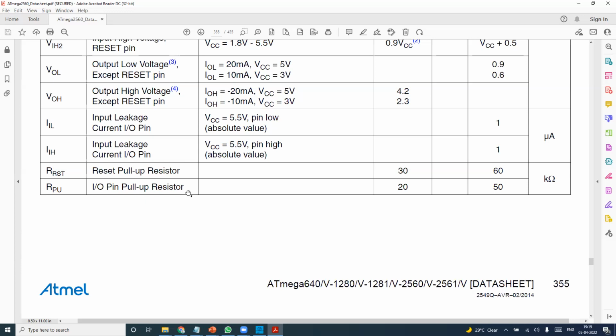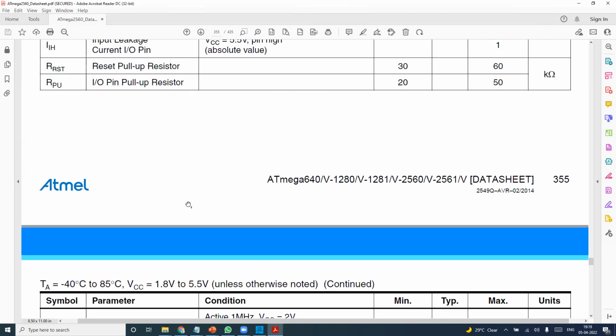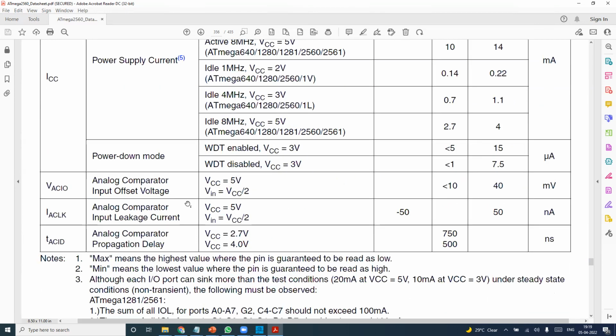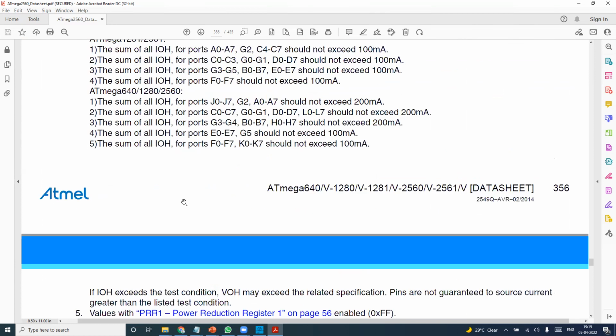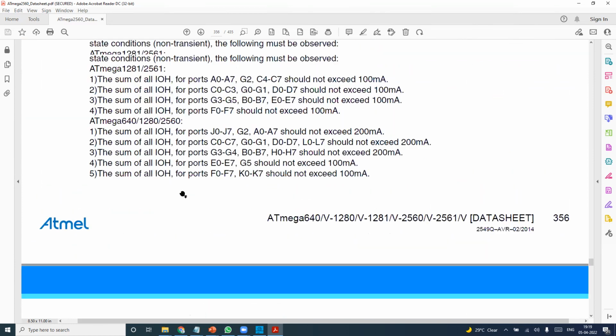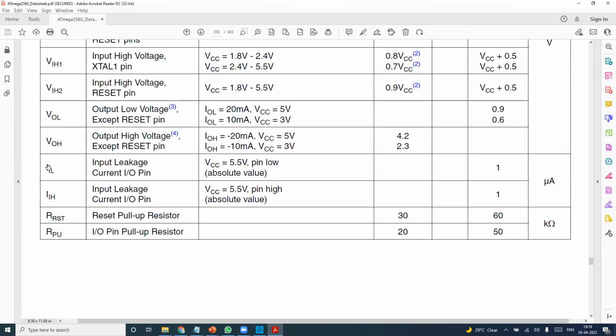Now, what is each pin? We'll see that on the next page. This is the total supply current. You see here, each pin, IOL is 20 milliampere. That means the data sheet says you cannot get more than 20 milliampere at 5 volt.